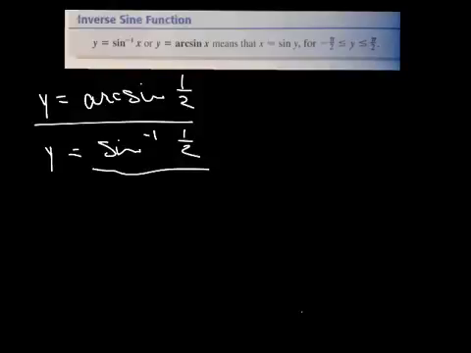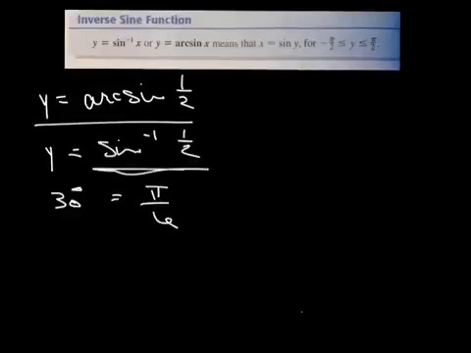So put 1/2 in your calculator, hit your arc sine button, and it will give you a y value. And the problem is sometimes it will give you a y value of 30 degrees, but if they want it in radians, which they will, you're going to have to know that 30 degrees is pi over 6. So you can do this with a calculator. You don't even need a calculator. You just know from memory what those are going to be.